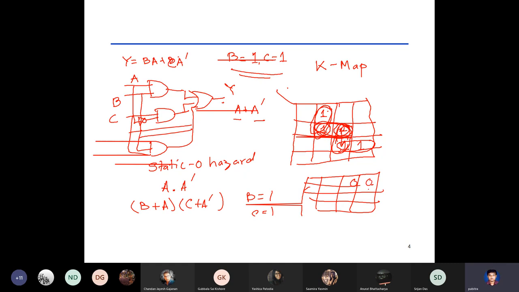If there are two adjacent zeros which are not covered by a common sum term, so if these are two adjacent zeros, but there is no sum term like this in the realization. Maybe the realization didn't have it because it was not necessary. These were covered by other sum terms, maxterms. So what you do is that you again introduce an additional sum term to cover these two.